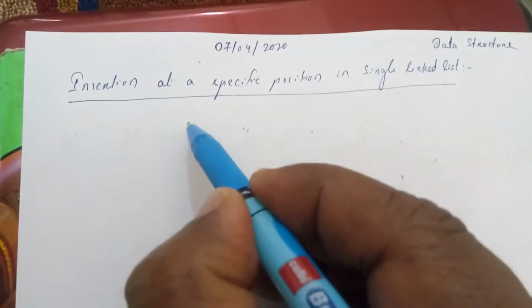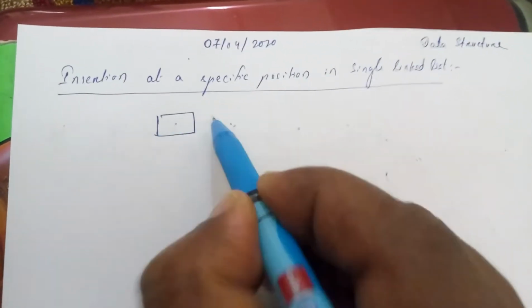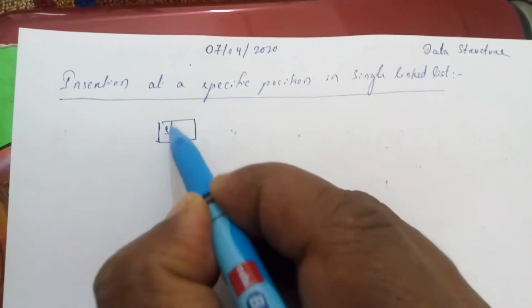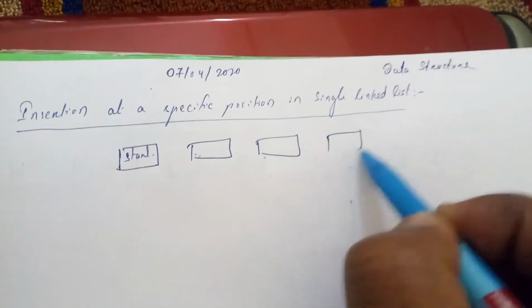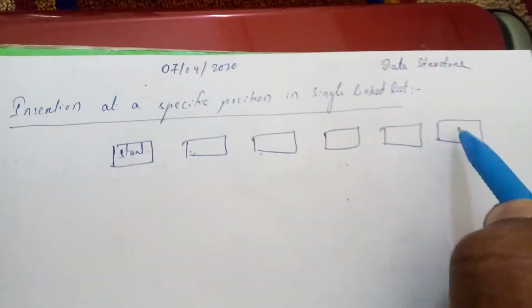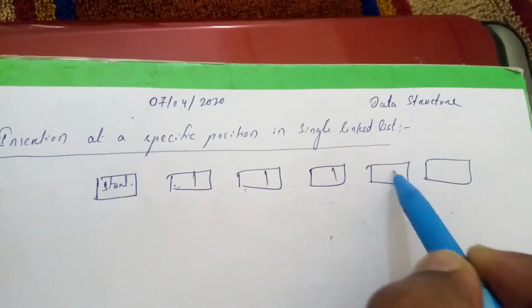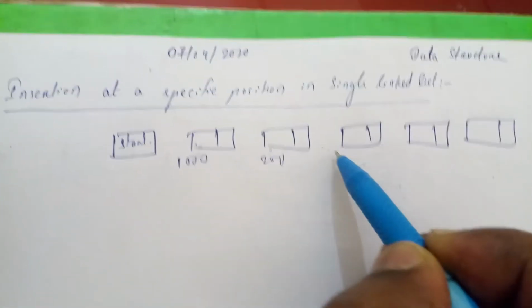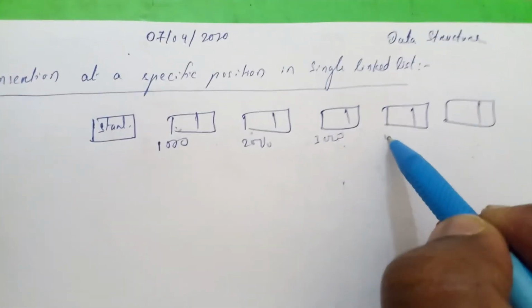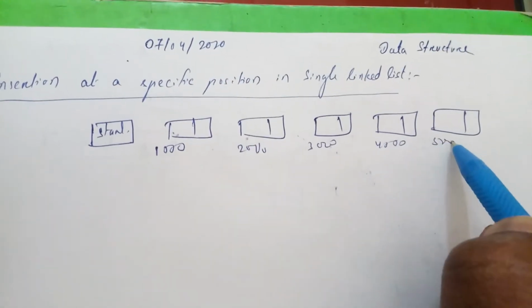So suppose we are having a linked list like this, start, with a number of nodes, having the addresses 1000, 2000, 3000, 4000, 5000.